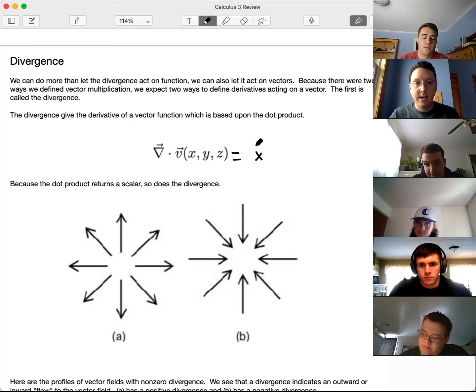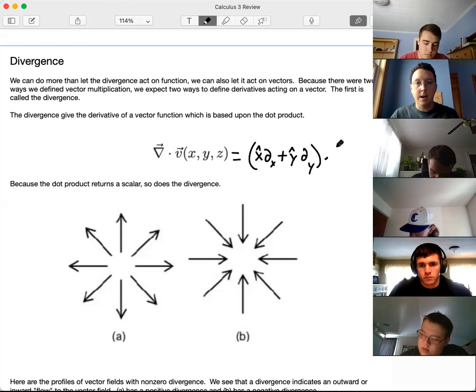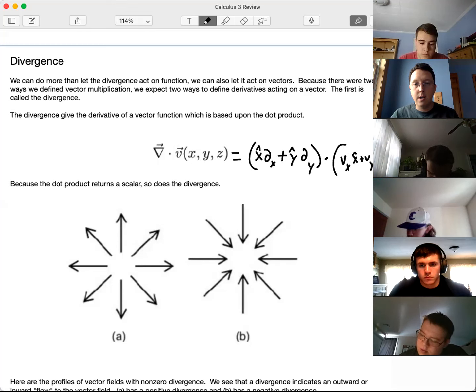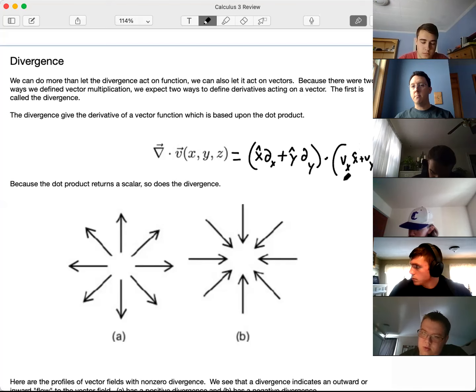So I can write that as x hat times the partial derivative with respect to x plus y hat times the partial with respect to y, dotted with v x hat plus v y hat. Right? Just writing out a random arbitrary vector.